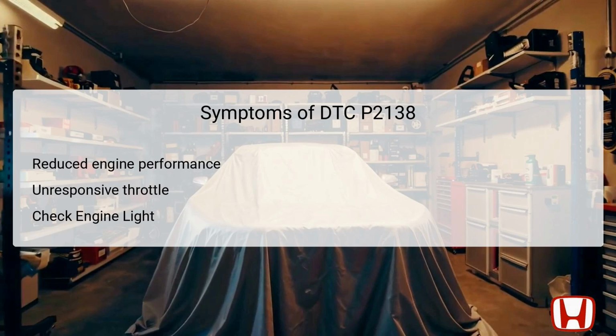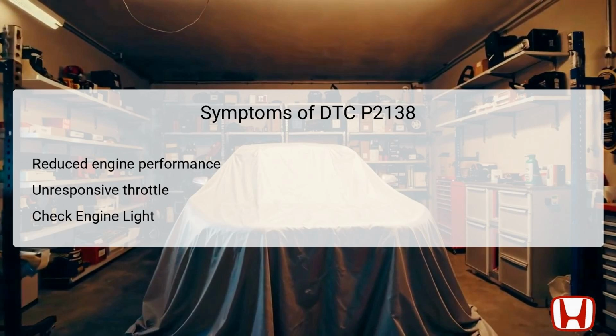DTC P2138 can manifest a range of symptoms that significantly affect vehicle performance. One of the most common symptoms is reduced engine performance, where the engine may struggle to accelerate adequately due to the incorrect readings from the APP sensors. Alongside performance issues, drivers may also experience an unresponsive throttle, as the ECM may restrict power output when sensing discrepancies in pedal position.